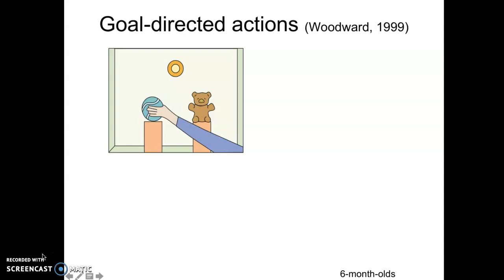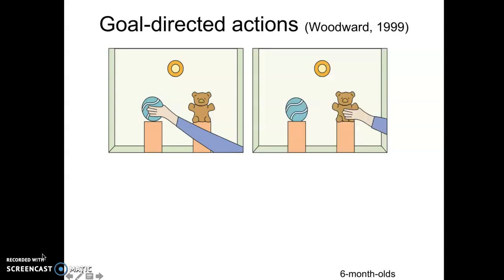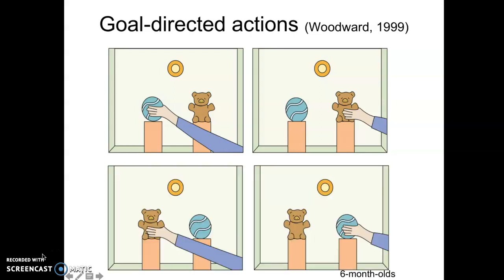And they would see the hand reach over and over again for one of the objects. Half of the infants saw the hand reach for the ball, and the other half of the infants saw the hand reach for the bear. So there's 2 different habituation conditions. In the test, they reversed the positions of the objects.